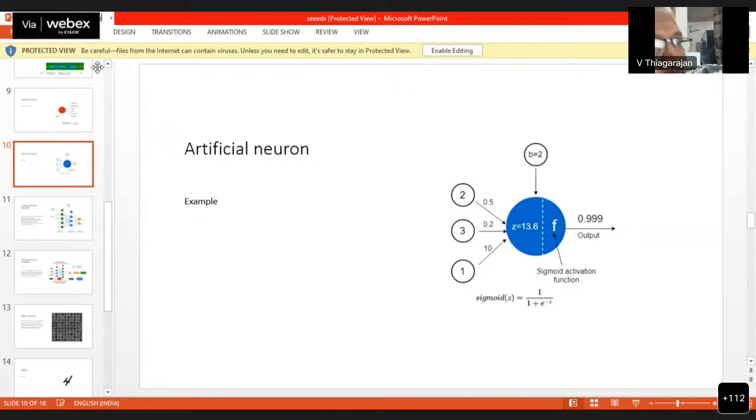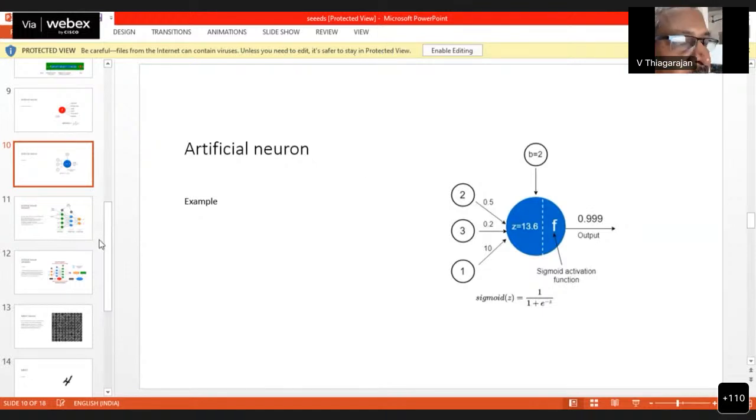That will give you a value of Z equal to 13.6. When you give that 13.6 here, 1 by 1 plus e to the power of minus 13.6, the output will be 0.999. That is called a sigmoid activation function. The output is somewhere between 0 and 1. So this is the most basic artificial neuron, one single artificial neuron.